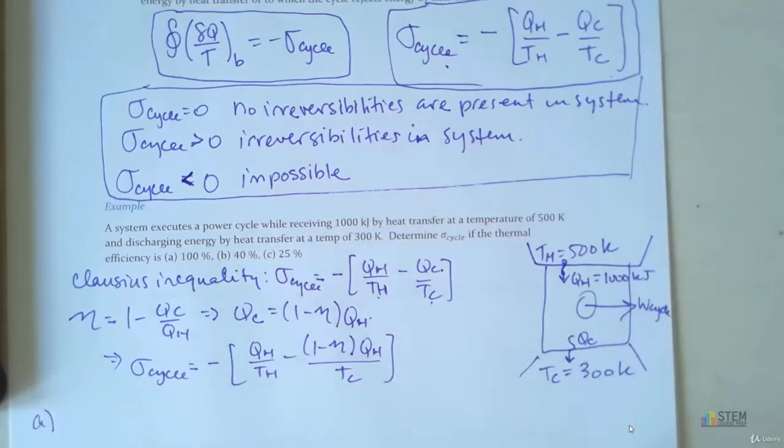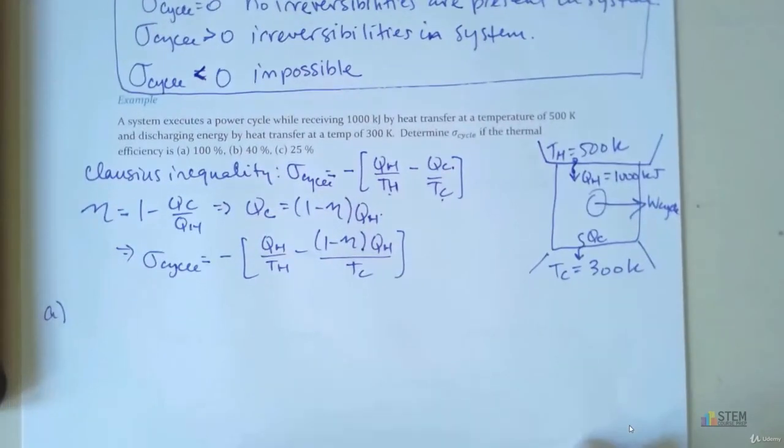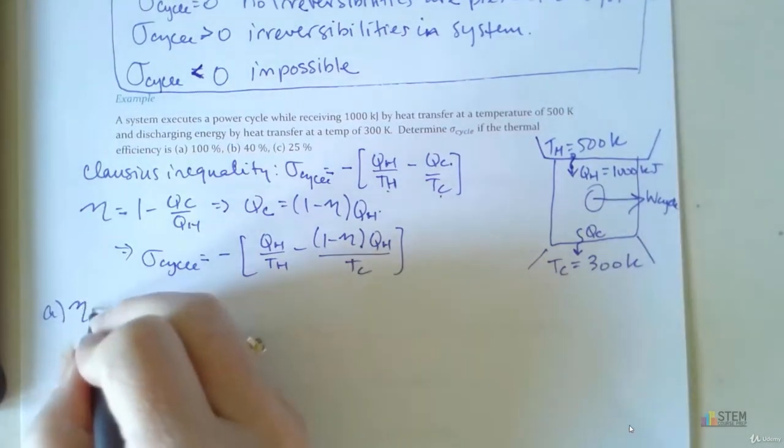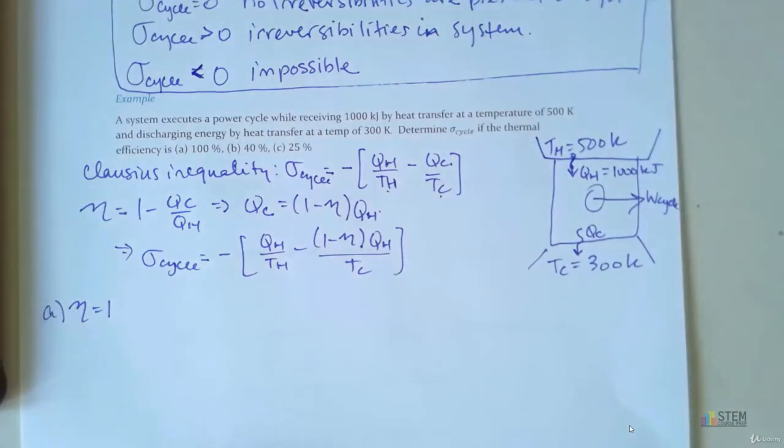All right, so for part A, we're saying the efficiency is 100%. Now, after all the things we've talked about with efficiency, we already know that that's not possible. We're not going to have a 100% efficient power cycle. If you could do that, you would be a very wealthy individual. So let's say eta is equal to 1 here because it said 100%.